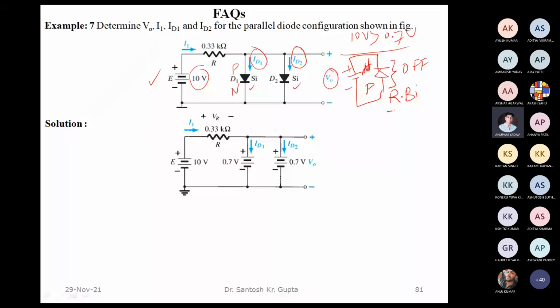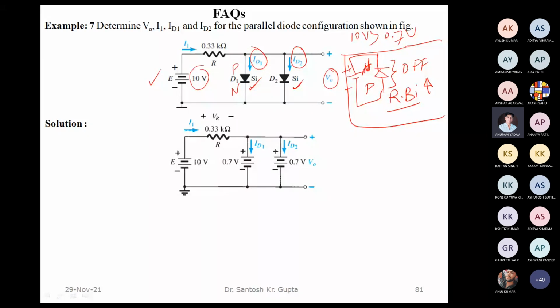This is not forward bias but reverse bias. Here we are applying a voltage which is trying to forward bias these diodes, and so both the diodes become on here.